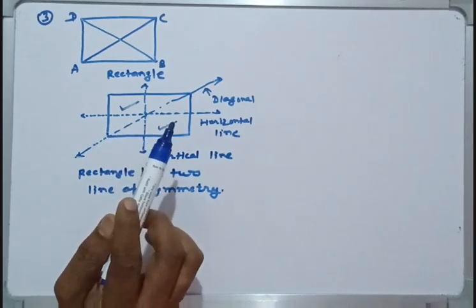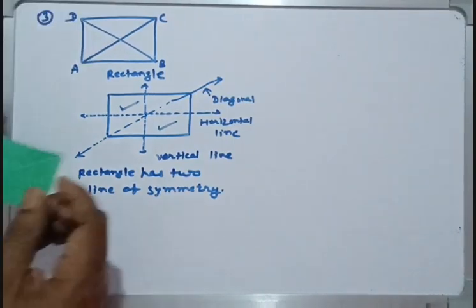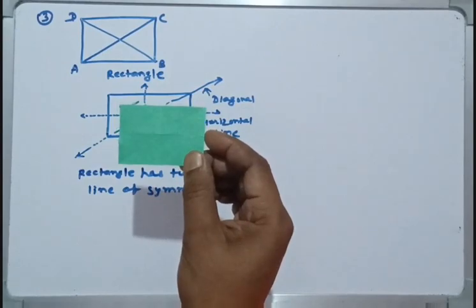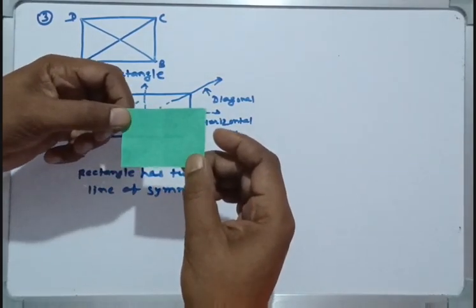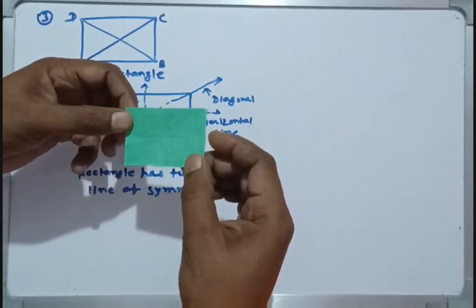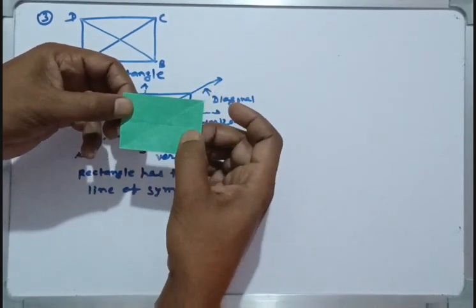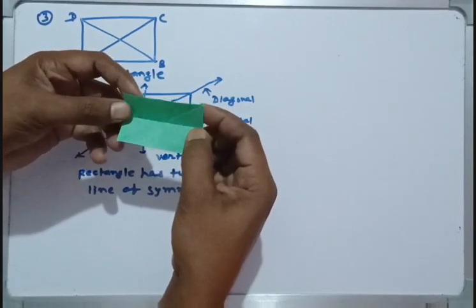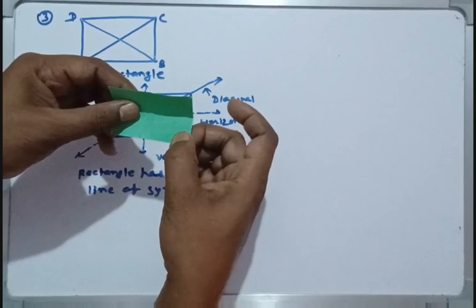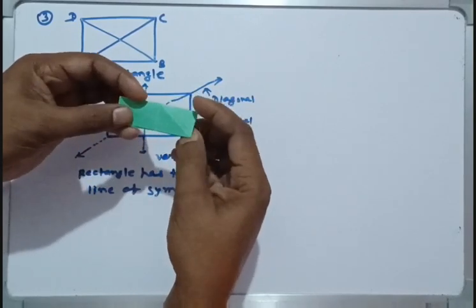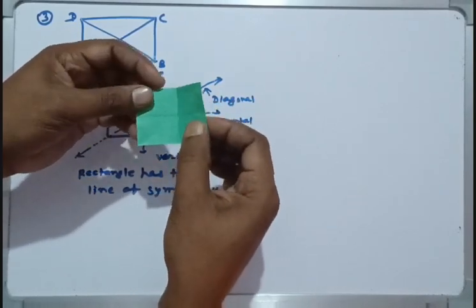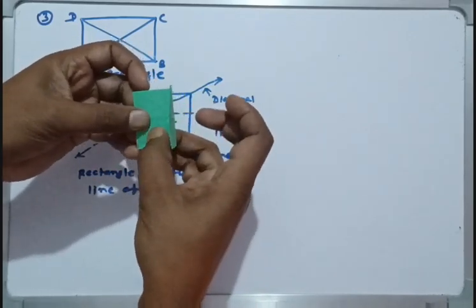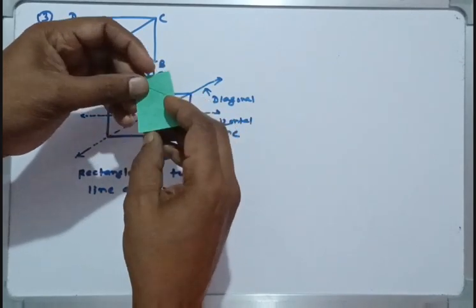Okay guys, now see, I have cut a piece of paper in rectangular shape. Okay, see, when we fold this rectangle along a horizontal line, then one half part overlaps the second half part. Okay, and in the case of a vertical line, one half part overlaps the second half part.